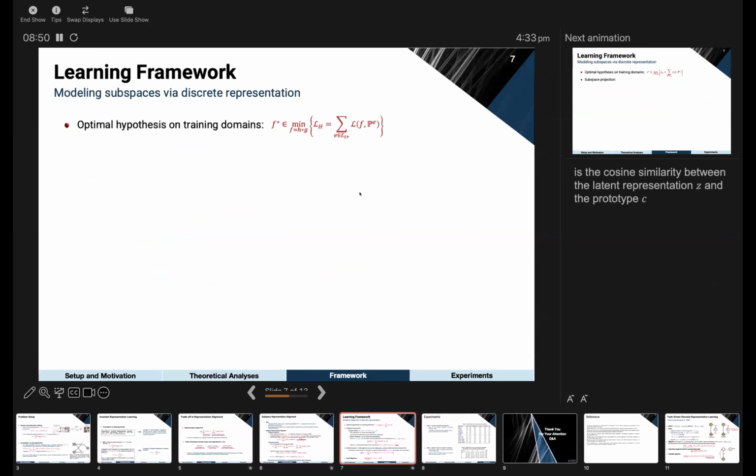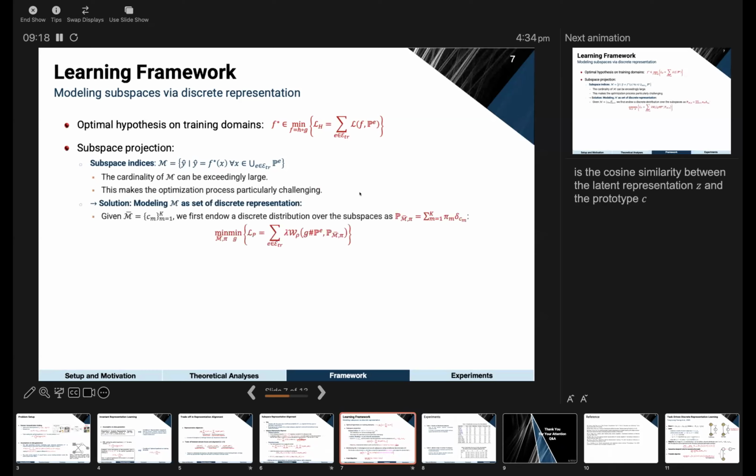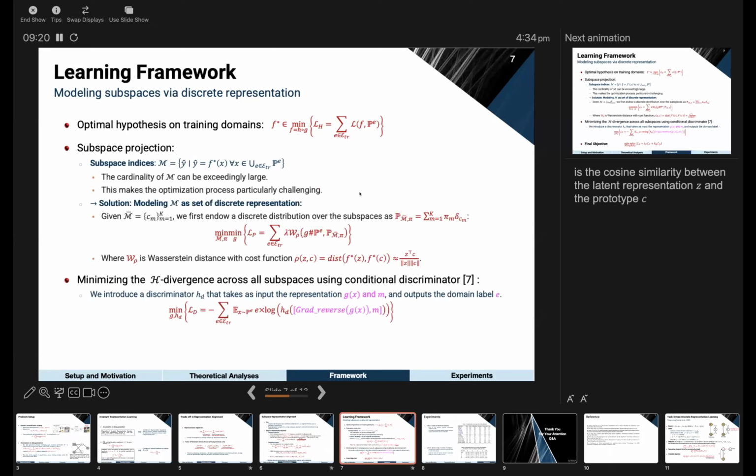Here in the first step, we train the model on the training domains and learn the optimal hypothesis. After that, we can assign the subspace index to each example based on the prediction of the optimal hypothesis here. Just ignore this one now, sorry for that.